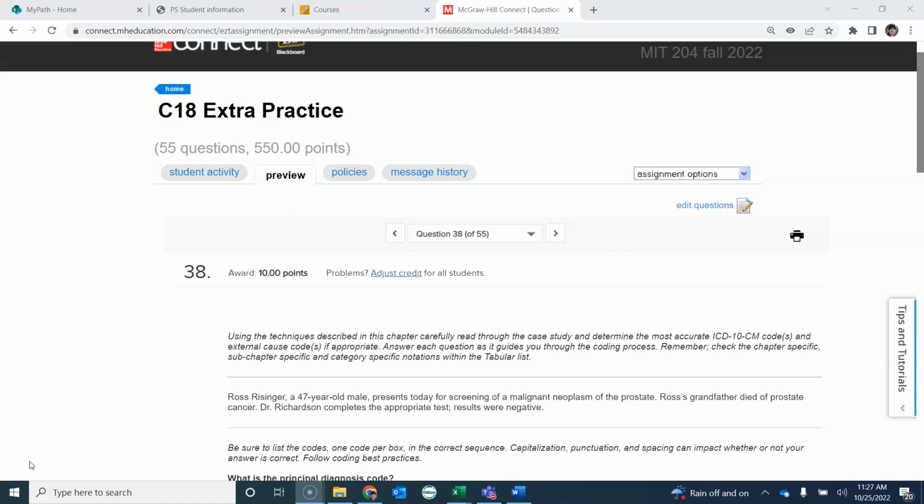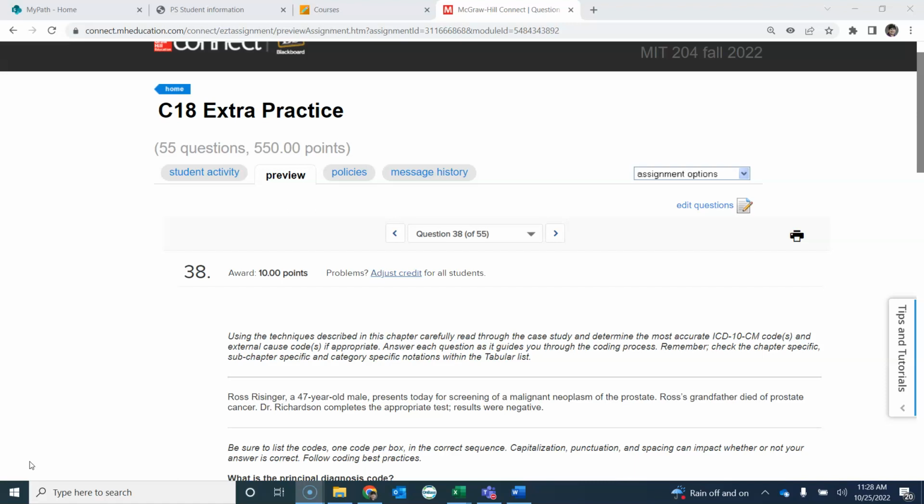Okay, so go back to Z80.42, family history of malignant neoplasm of prostate. So in this case, we need two codes to fully describe.